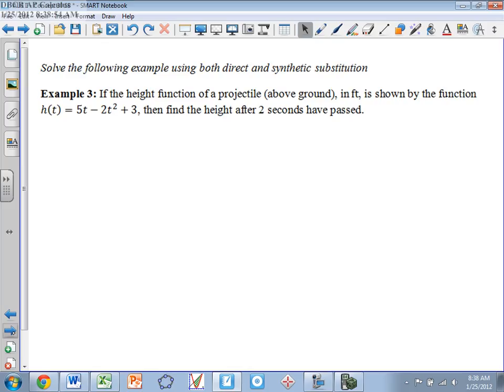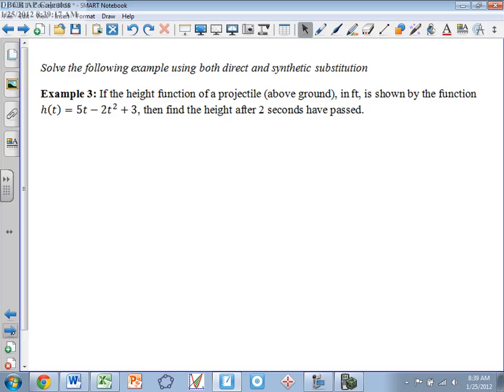If the height of a projectile above ground in feet is shown by the function h of t equals 5t minus 2t squared plus 3, then find the height after 2 seconds have passed.